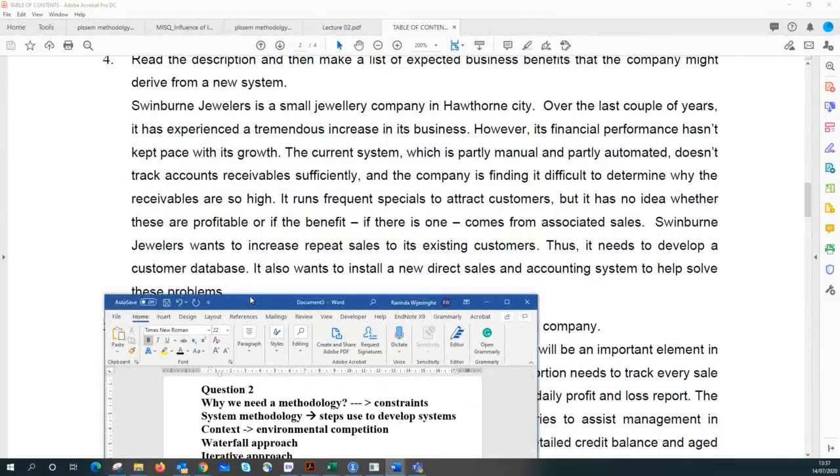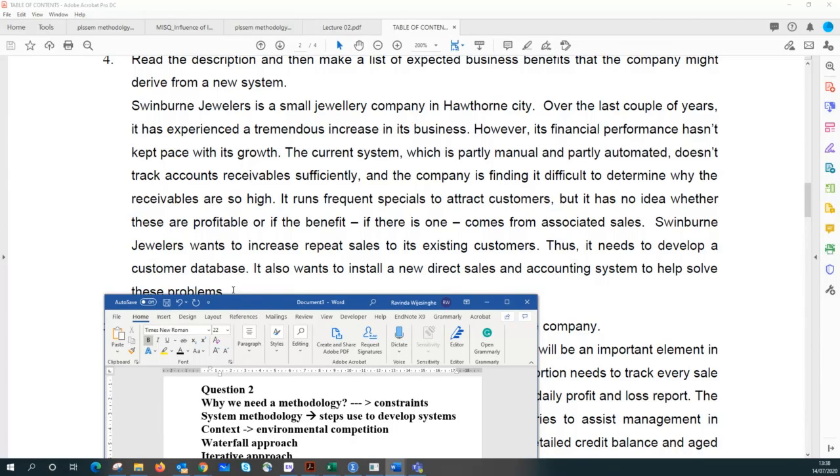Think about it: right now this is a jewelry shop, so sometimes clients come with their own requirements, and we can prepare the product according to their requirement, rather than selling the products that we already have.